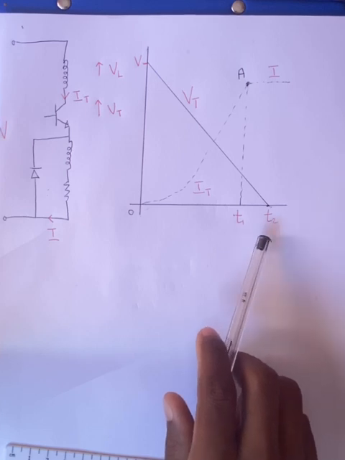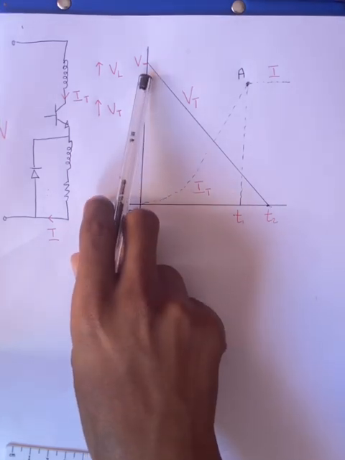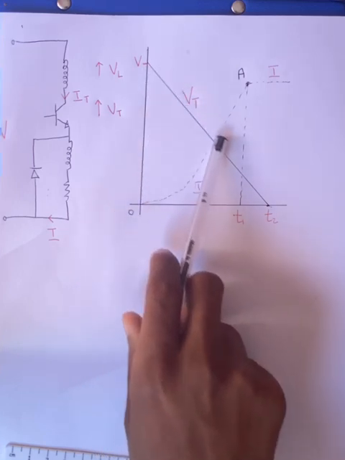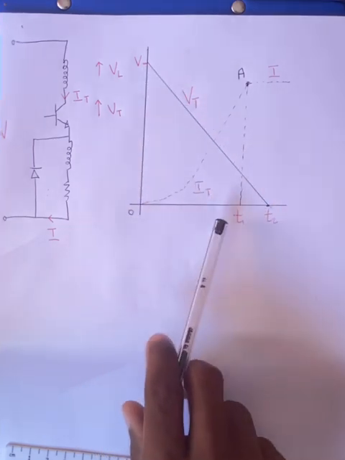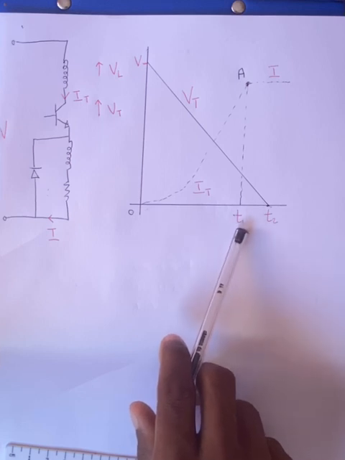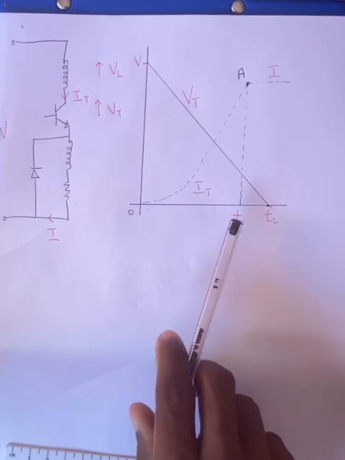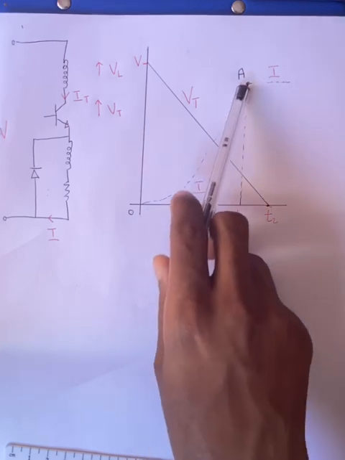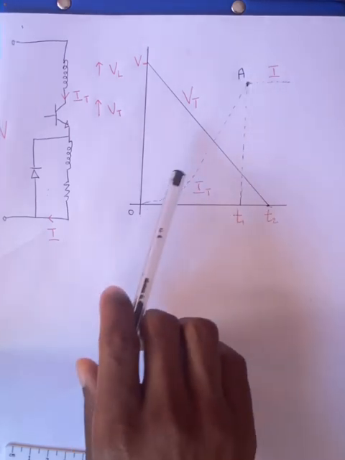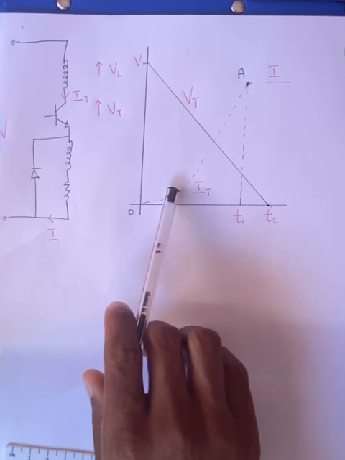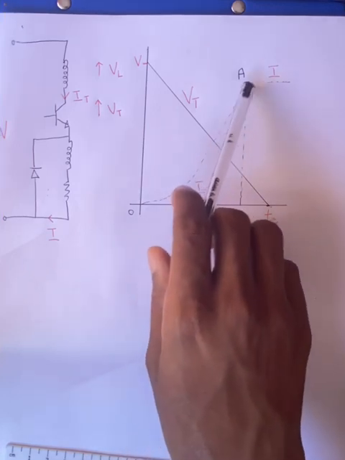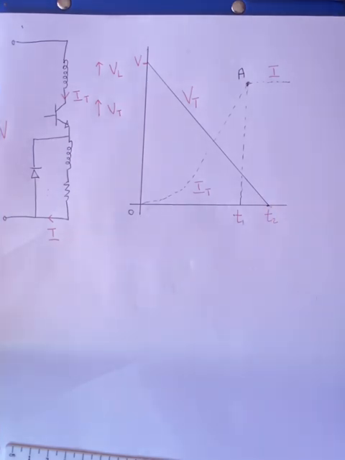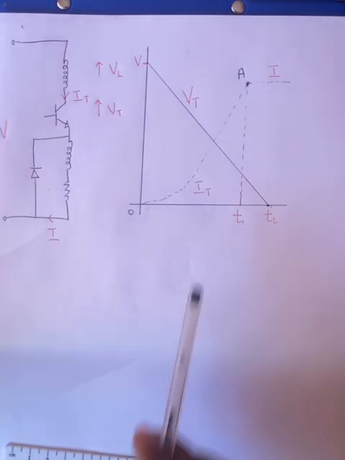T2 is the time it takes for V to drop from the supply level to 0. What is T1? T1 describes the time it takes for IT to equal I supply. Whenever IT is equal to I supply, that time we reference as T1. Now, why is this important?